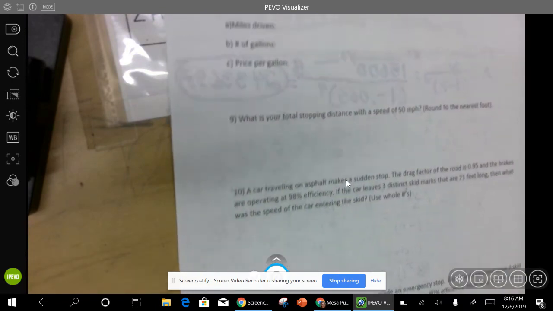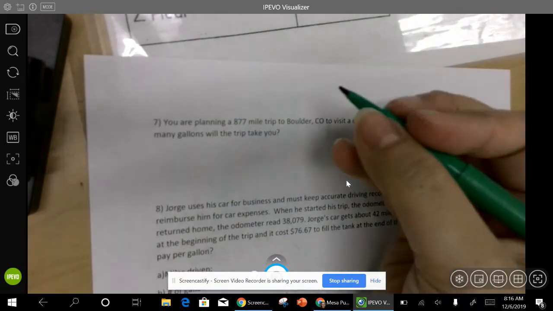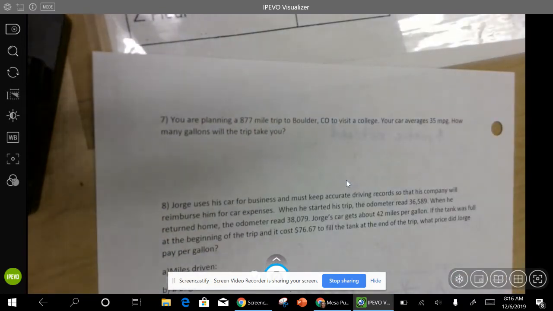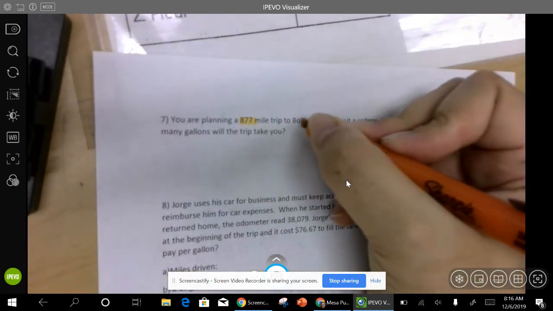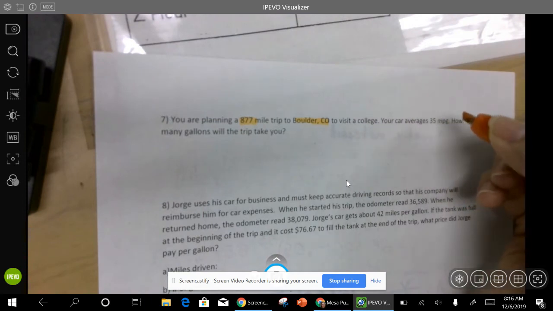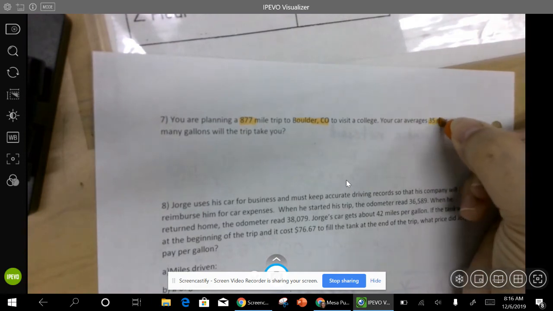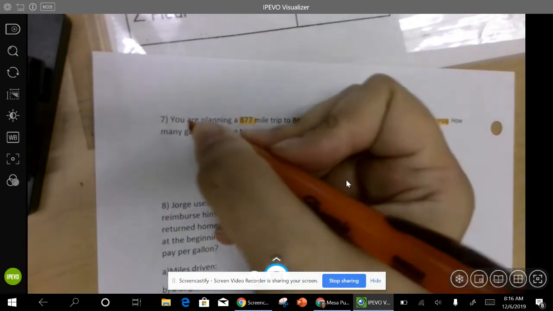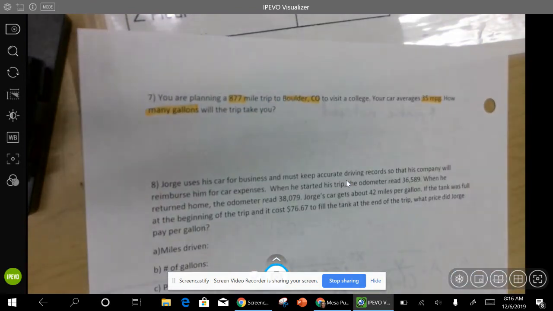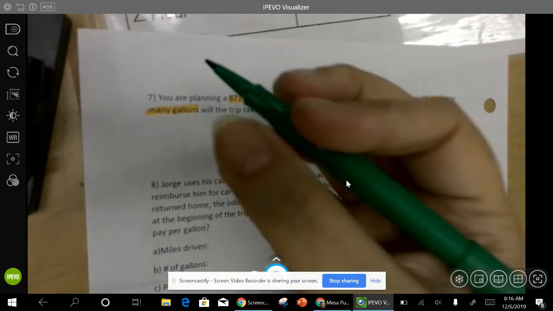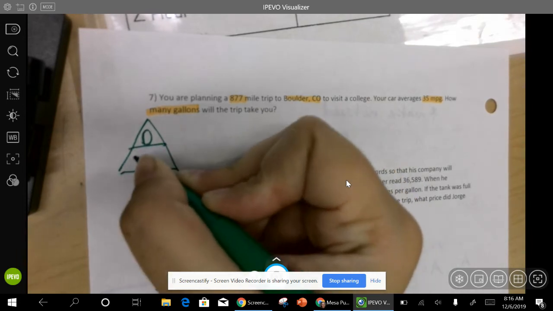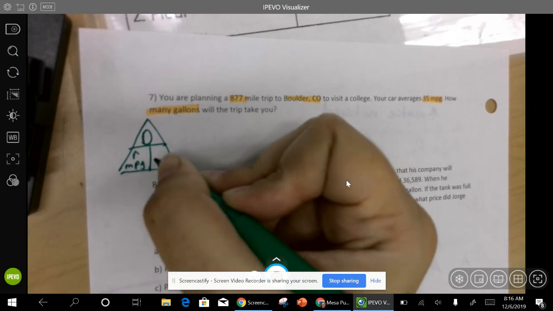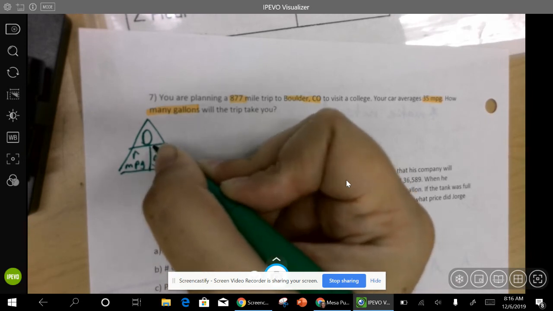Okay, on the next one, everybody, you're planning a trip to Boulder. So 877 miles to Boulder, Colorado to visit a college. Your car averages 35 miles per hour. How many gallons will the trip take you? Remember, it's the distance, the rate, miles per gallon, and then the number of gallons.